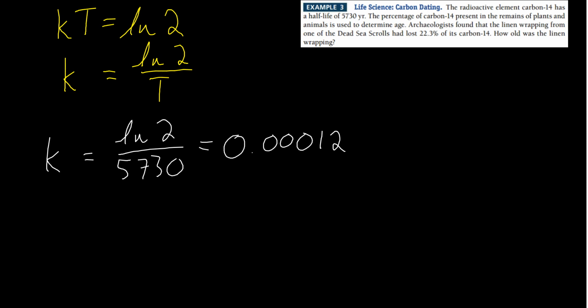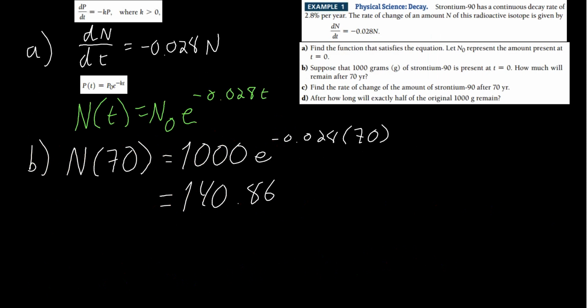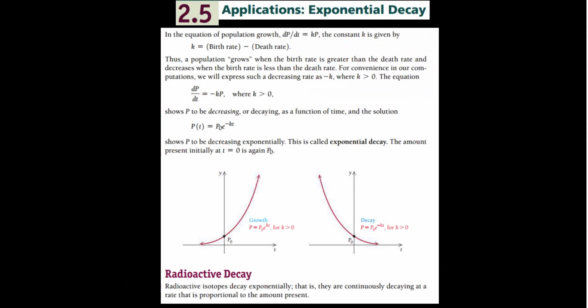So what do I do with my k value? Well, we're going to have to go back to our decay model now because we are decaying. We found our k. Let's go back and I'll show you what I'm talking about. Okay, so this is the decaying equation, and again, looking here, I have P of t, that's one unknown, P naught, that's two unknowns, negative k, that's three unknowns, and t, that's four unknowns.